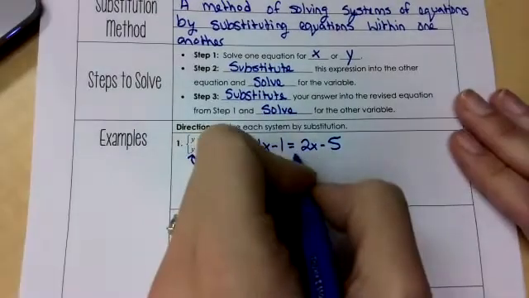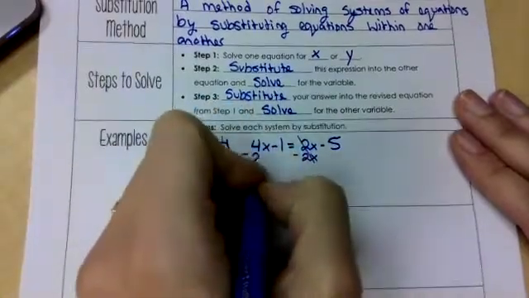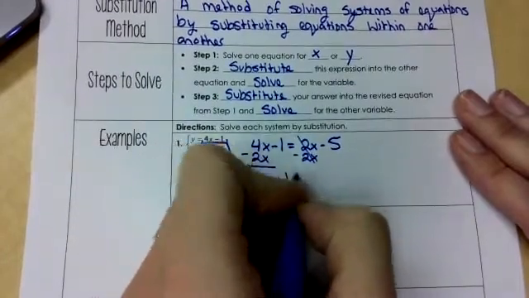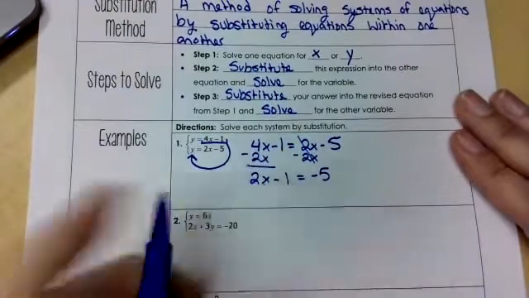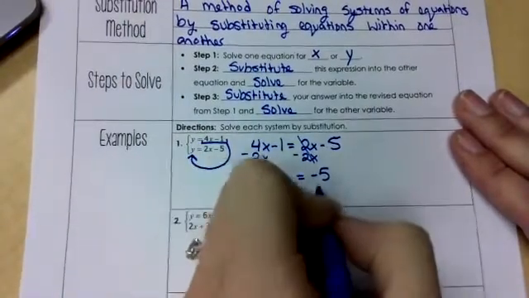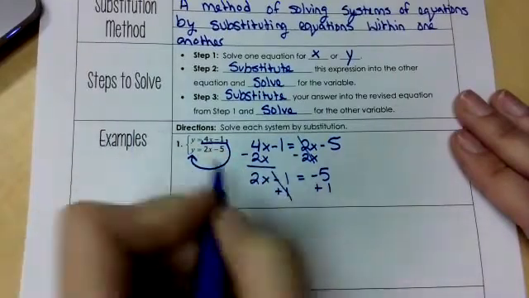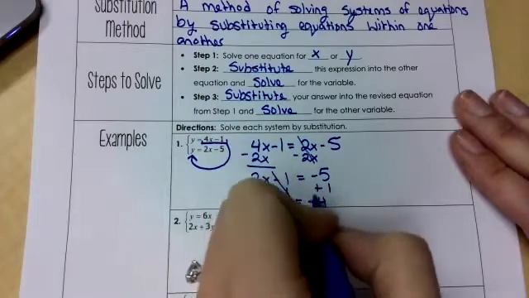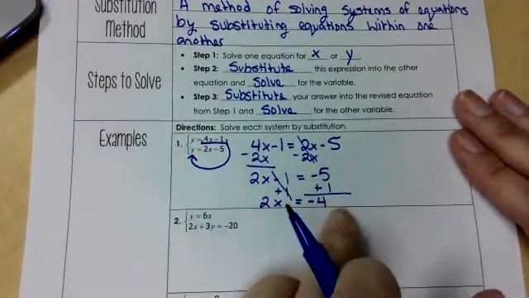So I can subtract 2x on both sides. I can add 1 on both sides. Cancel out here. 2x equals -4. And then I can divide by 2 on both sides.